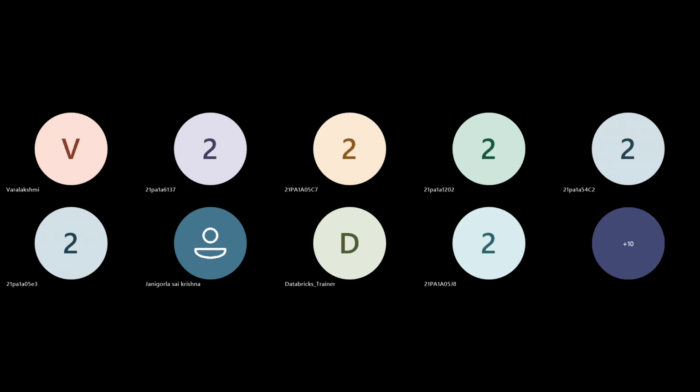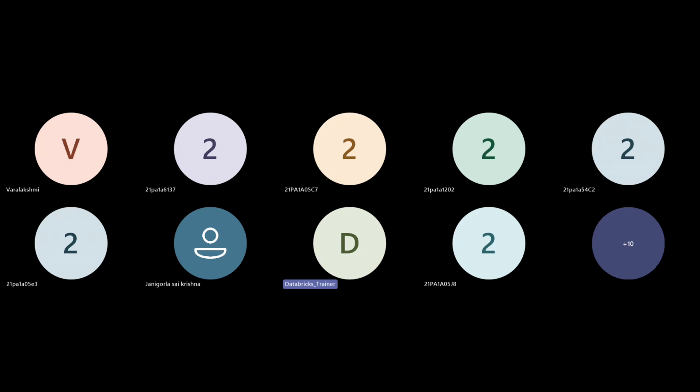Catalog is inside the Metastore. Inside the catalog, you have a schema. Schema can be a table, a view, an ML model, or any function you want to create. Schema can be anything.